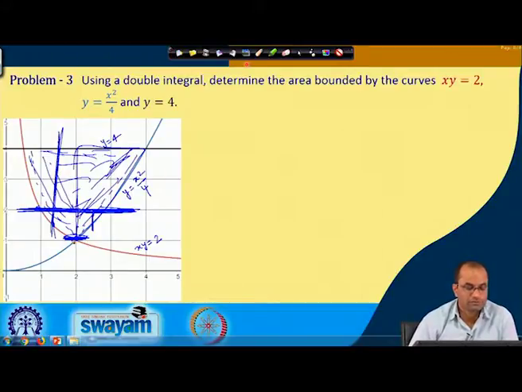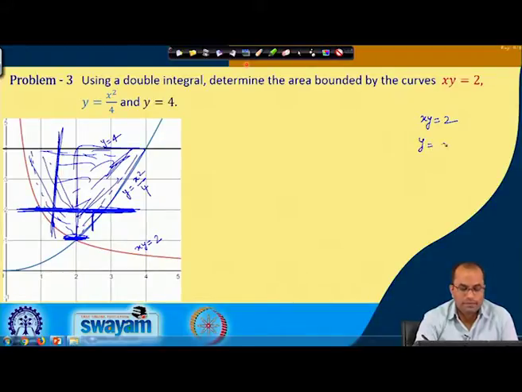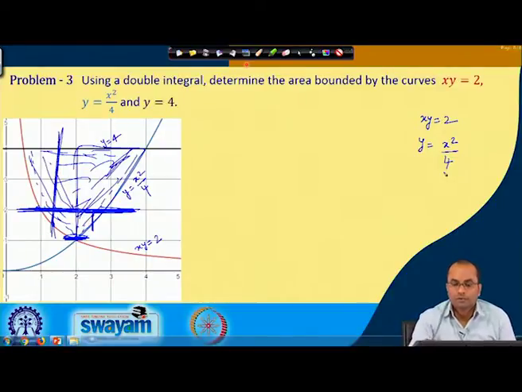point of intersection of xy = 2 and the other one, y = x²/4. Here we substitute the value of y from there, it is 2 over x. So, 2/x = x²/4, and from here we can get that x will be just 2.